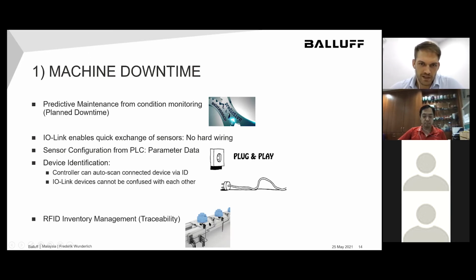And basically all the carriers are tracked and traced amongst your production, so that you can collect information about which machine has been used for which process and so on. So it's a very, very big topic, RFID technology, but in today's topic, I do not want to focus on it, but I want to mention that RFID is also compatible with IO-Link. So it means we have RFID read-write heads that can directly be connected to IO-Link master.